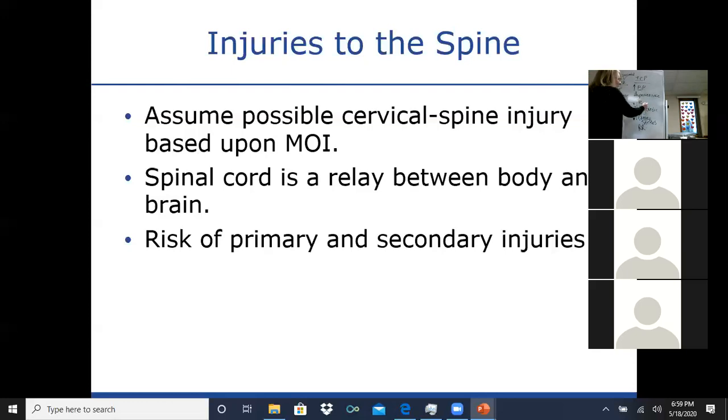But in this one, when we have pressures, think about the location, okay? If you think about where the pressure is, and when we think about the brain with the vasomotor center, the respiratory center, all of that being in the head, it makes total sense that if you start squeezing something, you're going to see things change.